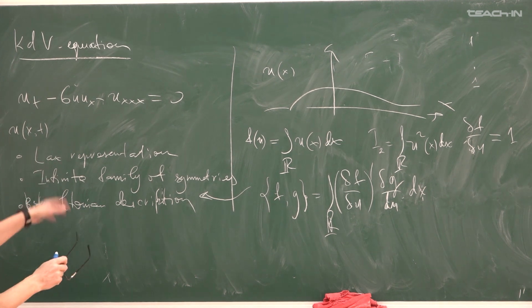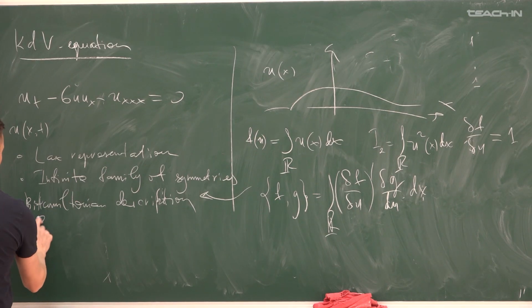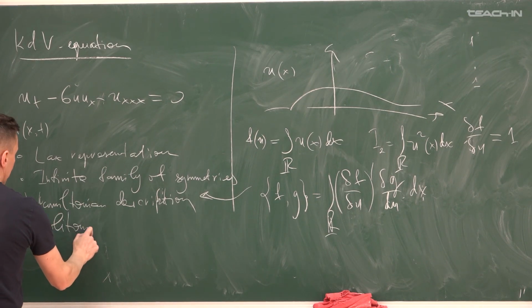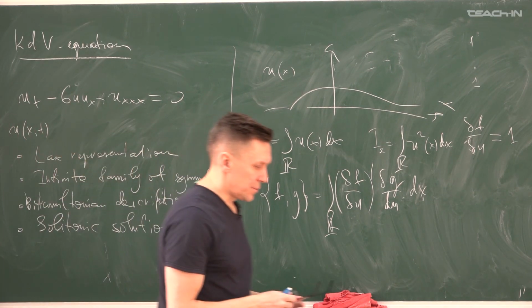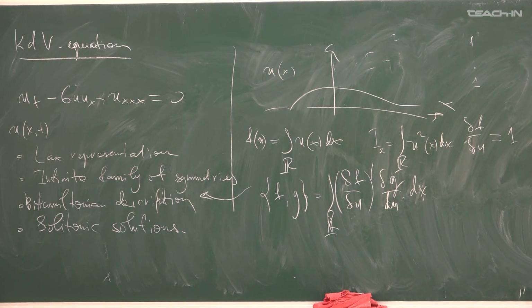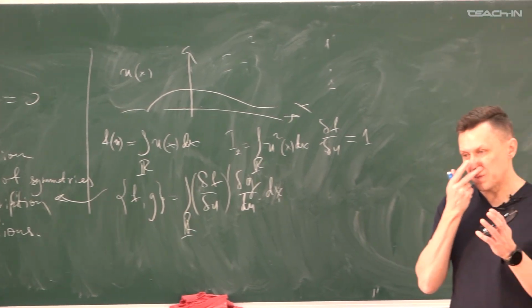Okay, so just to give you some ideas of how it works, it has soliton solutions. You know, principally, what a soliton solution is. It means that you have some localized solitary waves, but if you have some number of such waves, they interact in a very simple manner.